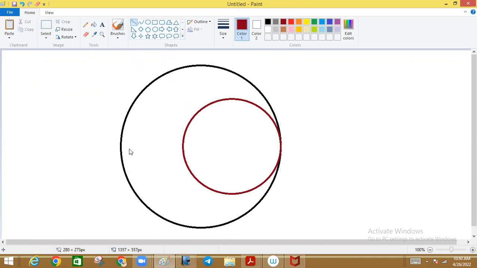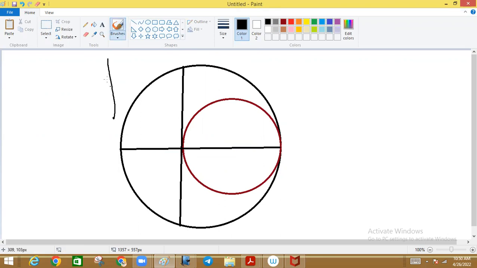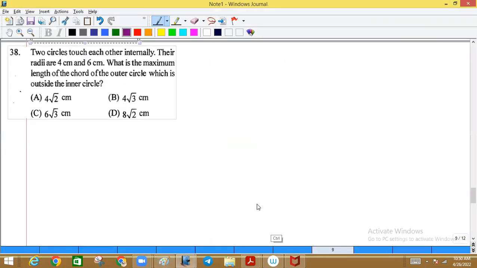Draw the diameter for both. What is the greatest possible length of the chord which is outside the inner circle? Just outside the inner circle means this is how it will be. You tell me.